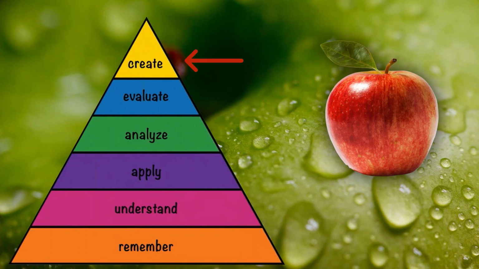Moving up to creating. Based on my foundational understanding all the way up to my analysis and evaluation, can I create something new with apples? Maybe do I have enough knowledge and expertise to be able to grow my own apple orchard, or can I write an apple cookbook of some sort?